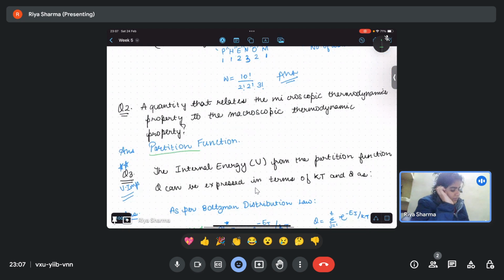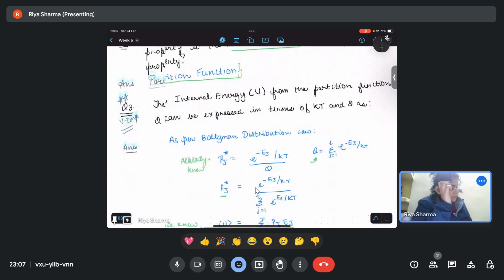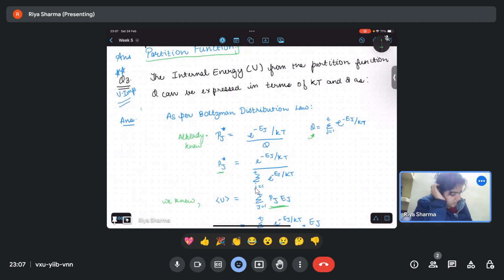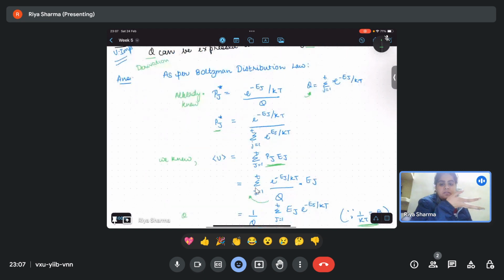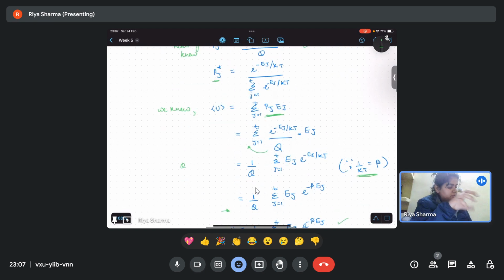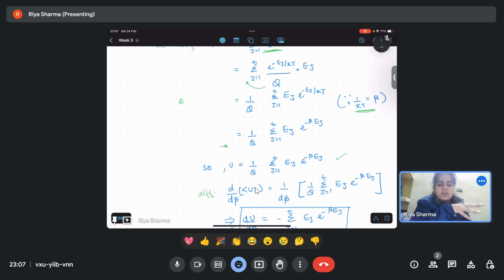Then there is this property of partition function which relates the microscopic thermodynamics to the macroscopic thermodynamics. Then this derivation which we did, which was on internal energy and partition function, which has been given in terms of kT and Q. So you have been given the partition function and you have found out Ej and Pj, which have been clearly explained how Pj came into picture, and which we have tried out giving 1 by Q as Ej into e raised to power minus beta epsilon j.